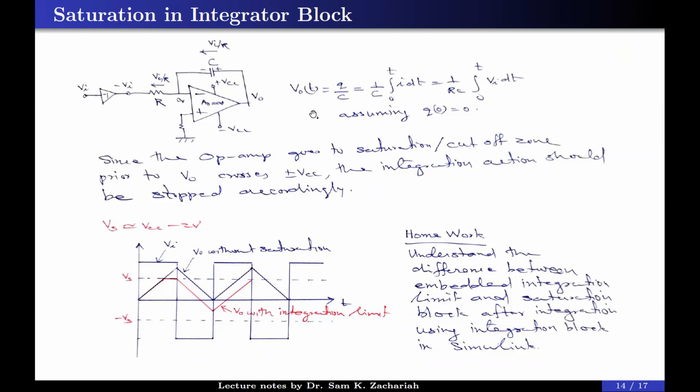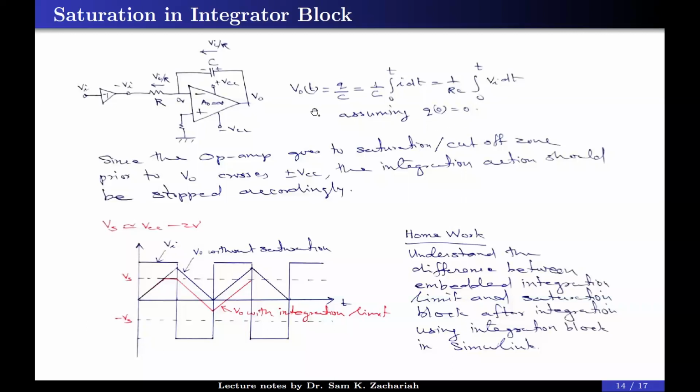Finally, you can get the expression for V0 as V0 is Q by C. Q is the charge accumulating in the capacitor, and Q is obtained by integrating the current: integral 0 to t of I dt divided by C. So finally, you will get the output as 1 by RC times integral 0 to t of I dt.